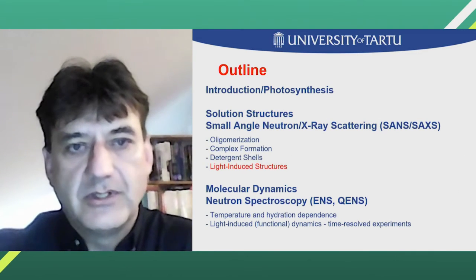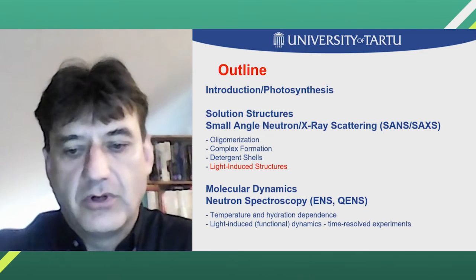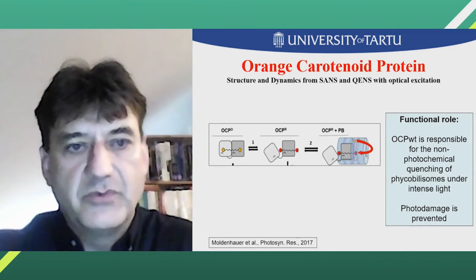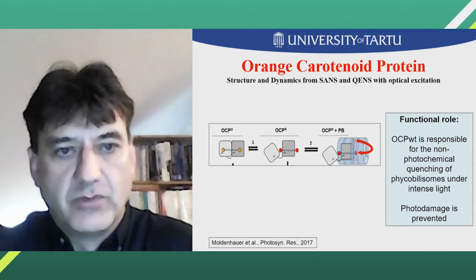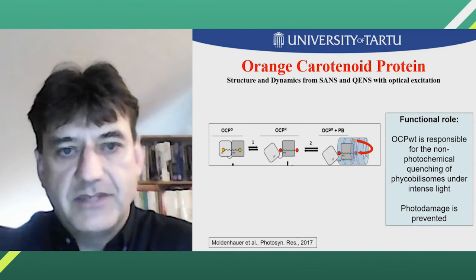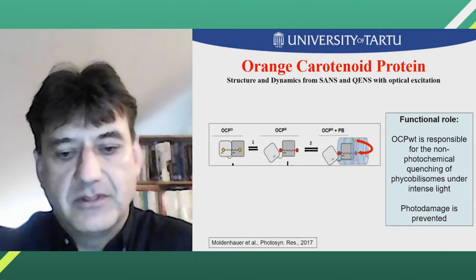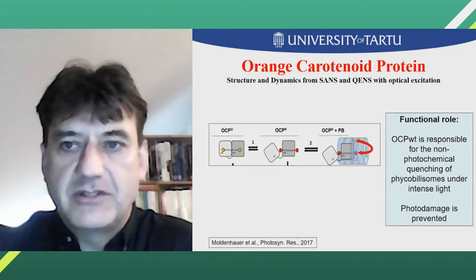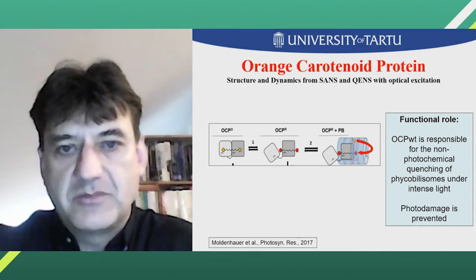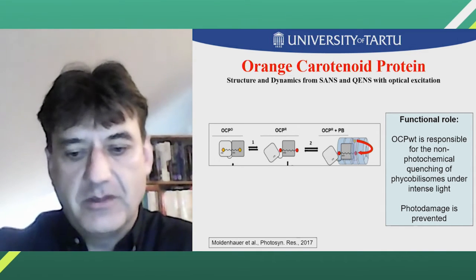So to move to the last example for small angle scattering, the light-induced structures, here we study a protein where only the dark ground state is crystallized, but if the molecule has to become functional, you have to activate it with light, and then its 2 domains seem to split before they can bind to phycobiliproteins.